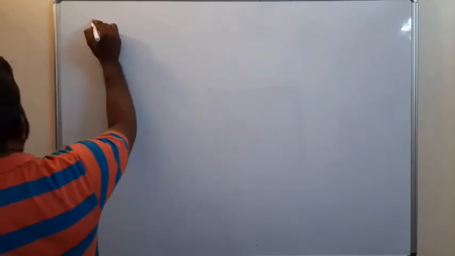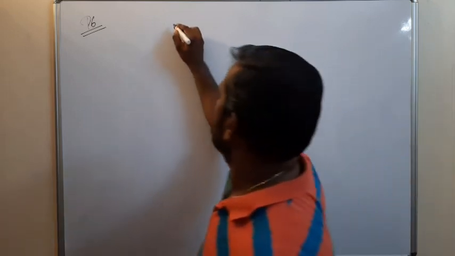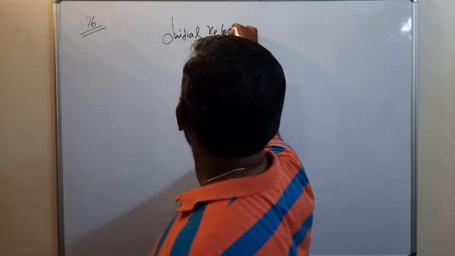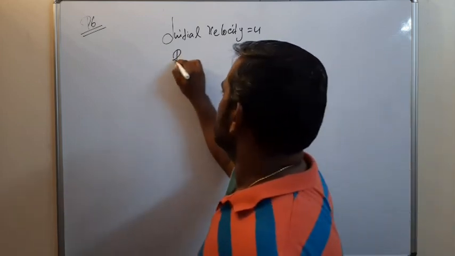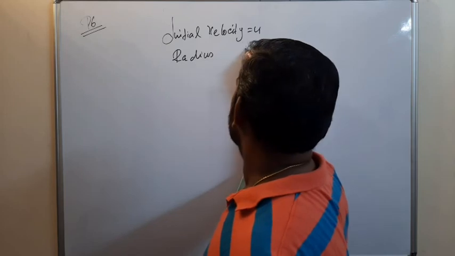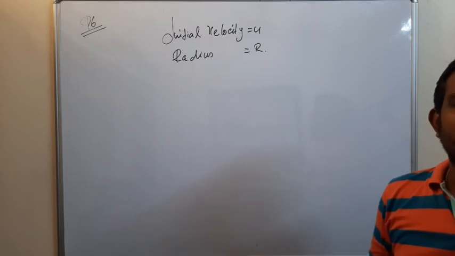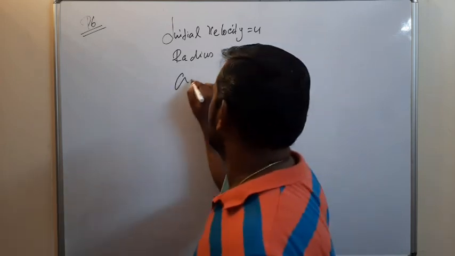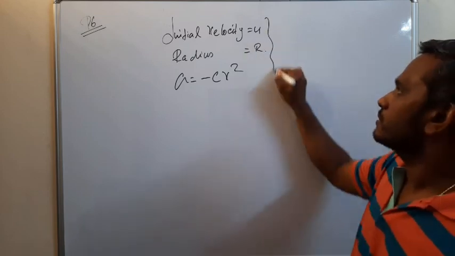Question 6 in this session. A particle starts moving in a circular path of radius capital R with initial velocity u. During its motion, the particle was retarded due to friction, and its acceleration is given by a is equal to minus C v square.